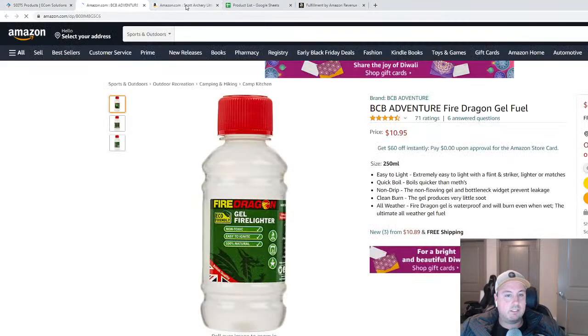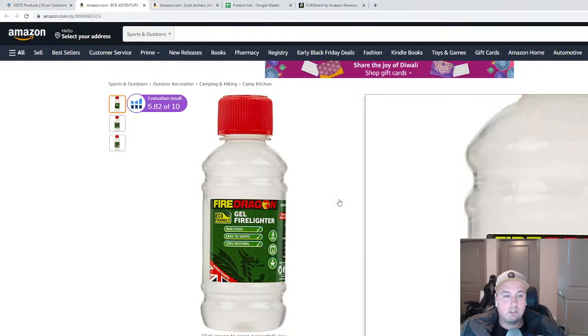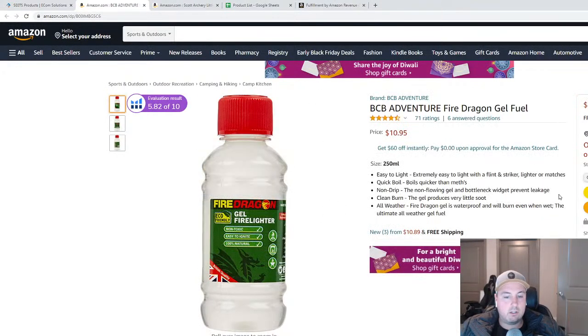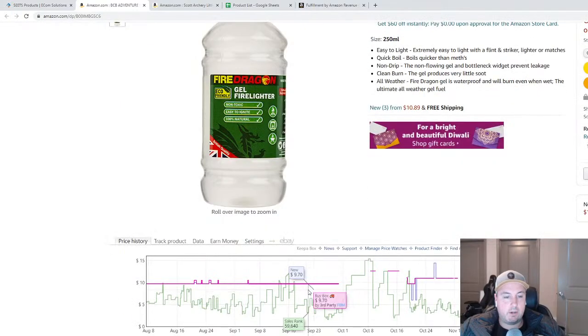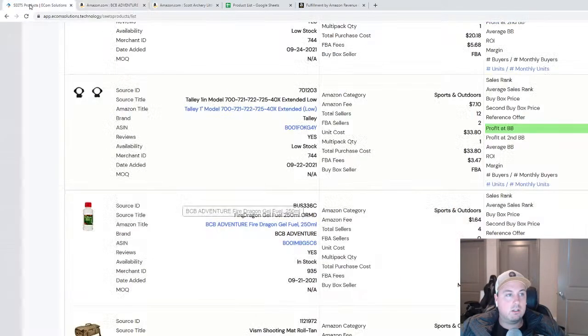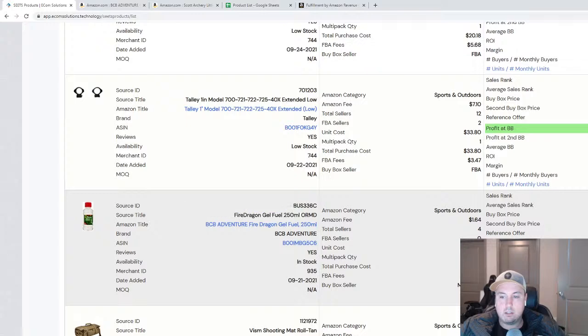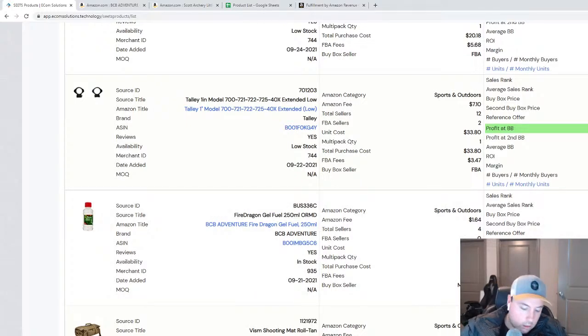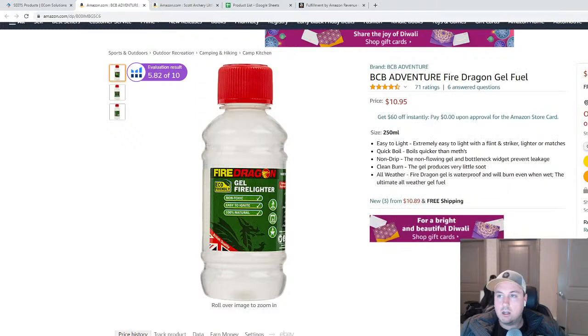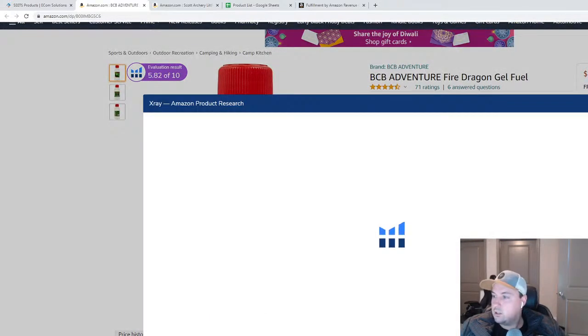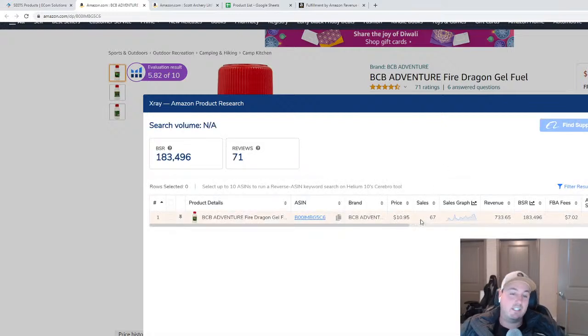I wonder if I can even sell something like this. Gel lighter fluid. I'd have to check to see if I'm eligible to sell it, but looks like worst case scenario, make a buck on each sale. No, I didn't want to go there. I want to go to X-ray. 67 sales a month.